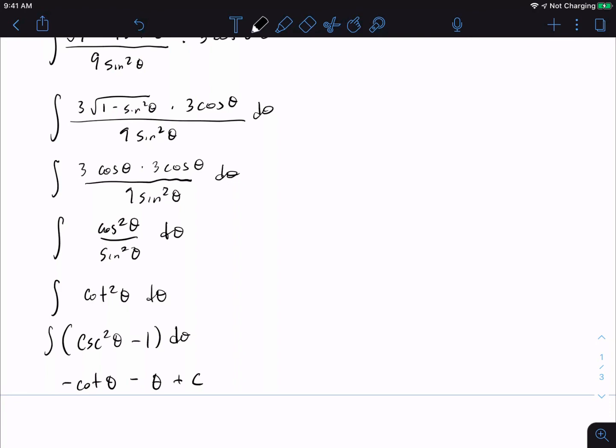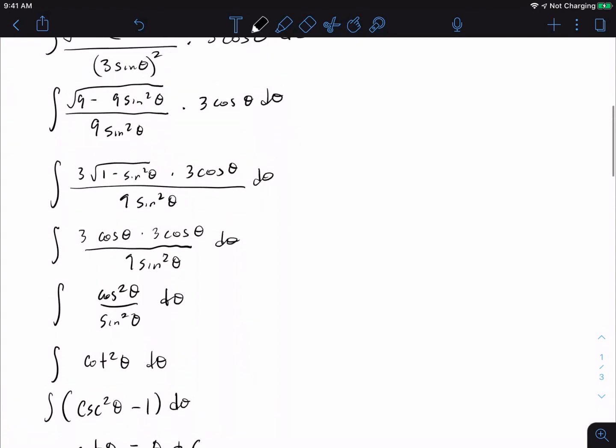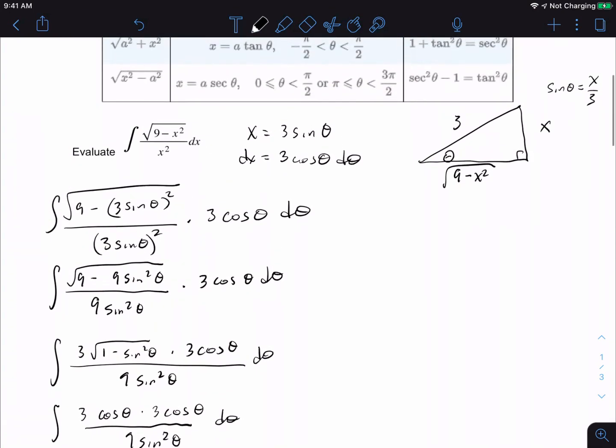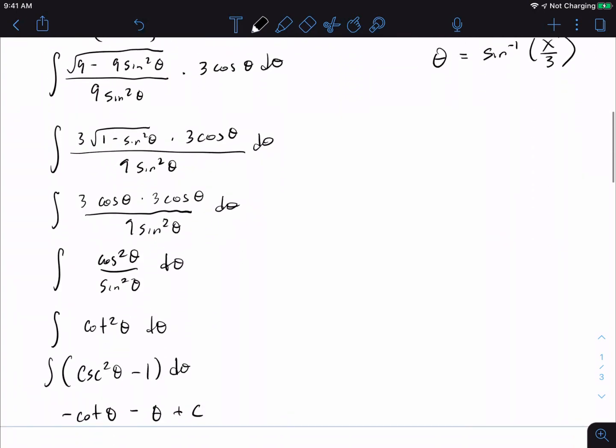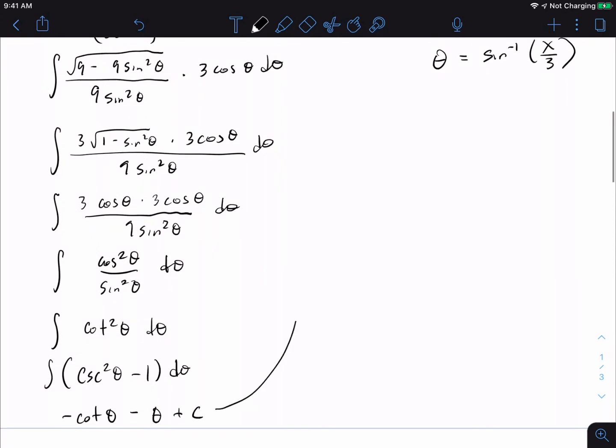Yes. Okay. Now we're going to go back and play with the triangle. So, remember we had sine theta was equal to x over 3. I need to find out what theta is, right? So isn't theta going to be sine inverse of x divided by 3? Yes. Okay, good. So now I know what theta is. What's cotangent?